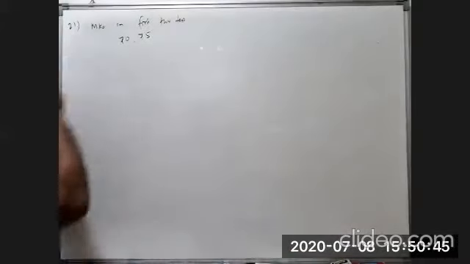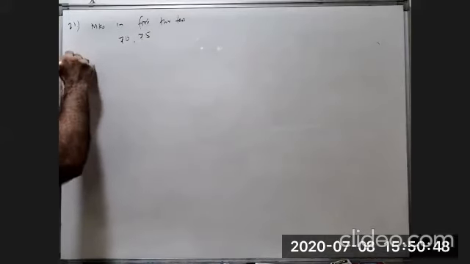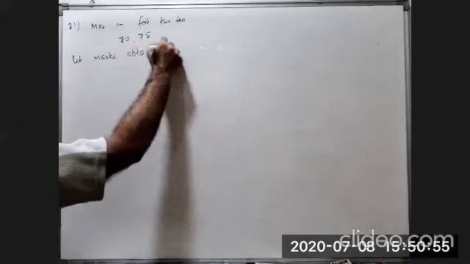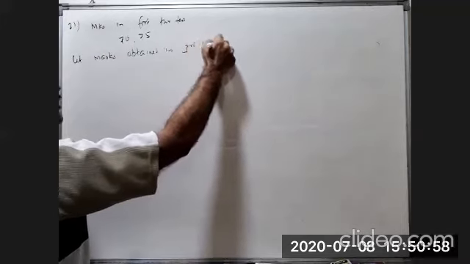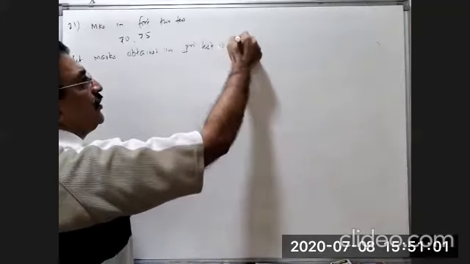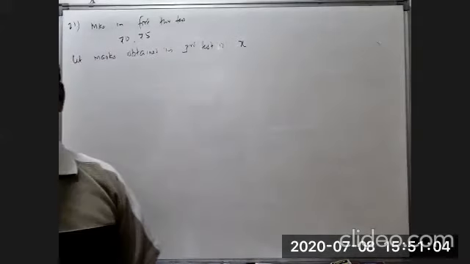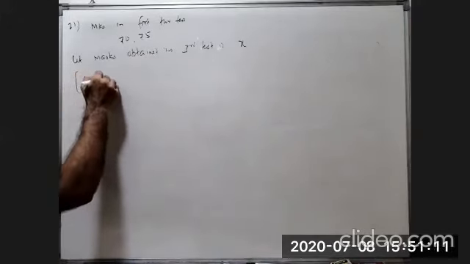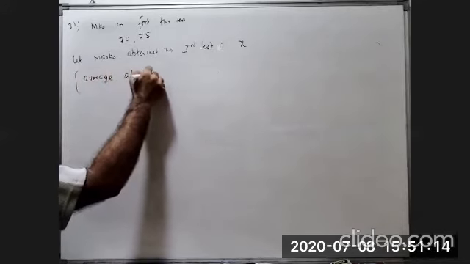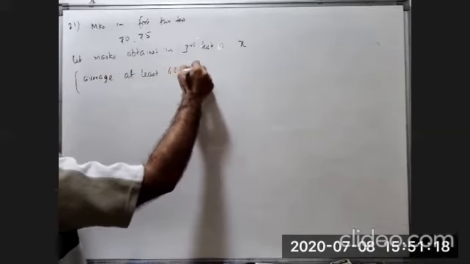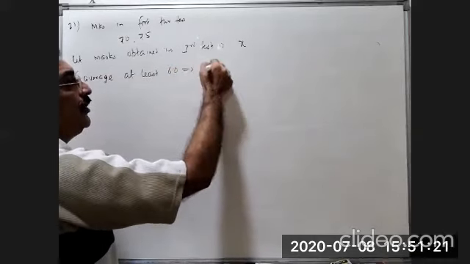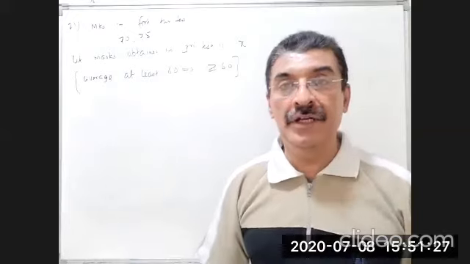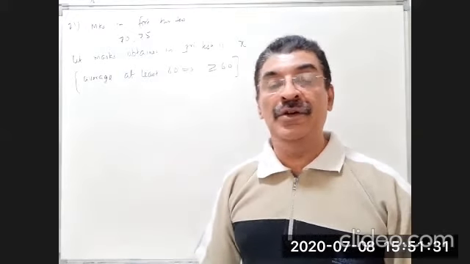So we want to find the third one. Let the marks obtained in the third test be X. We don't know it. In brackets we can write average at least 60, which means greater than or equal to 60.